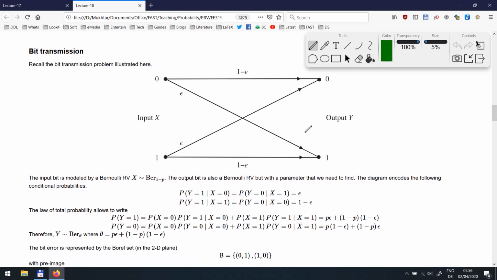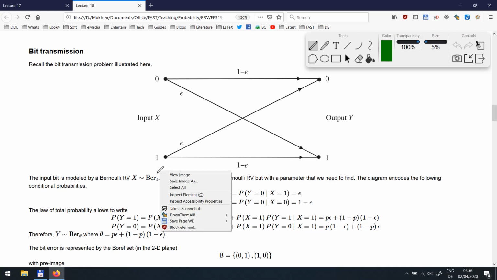Now let's formulate a problem just to see whether you understand what we did so far or not. Let's say the input random variable X, which is the bit I am sending, is Bernoulli distributed with parameter 1 minus p.